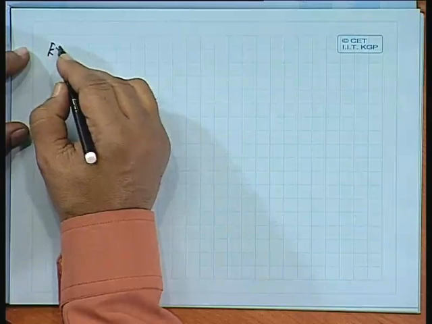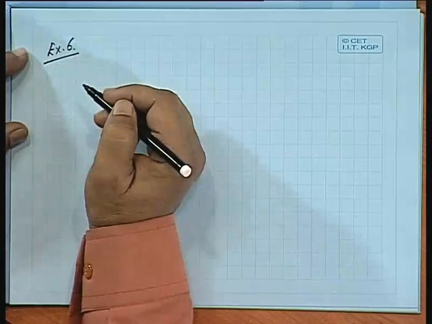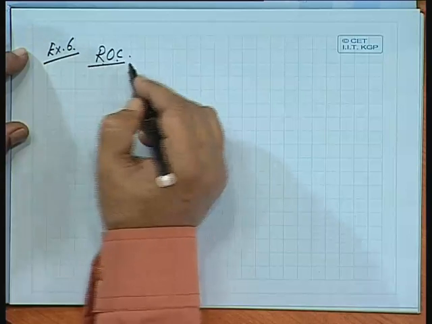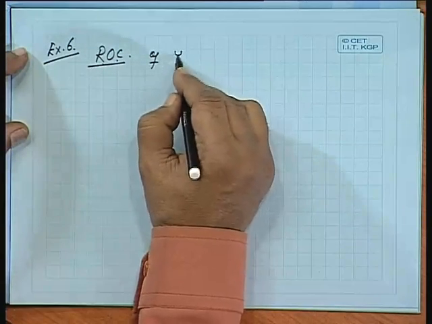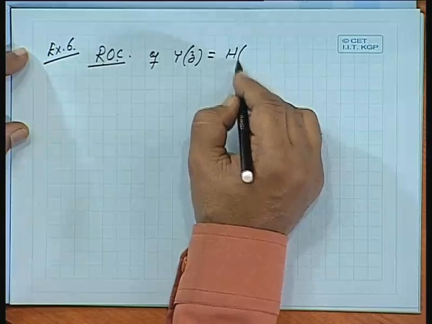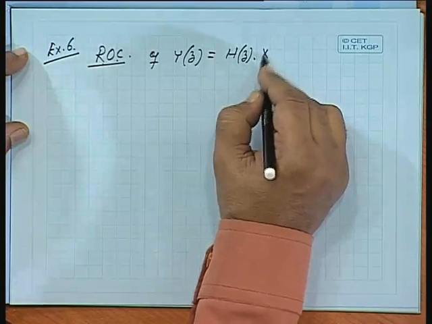Let us take up another example. What will be the ROC of YZ equal to HZ into XZ?